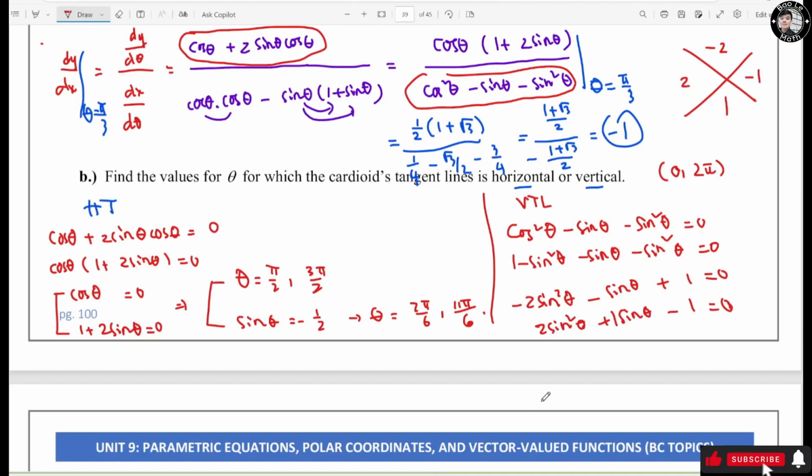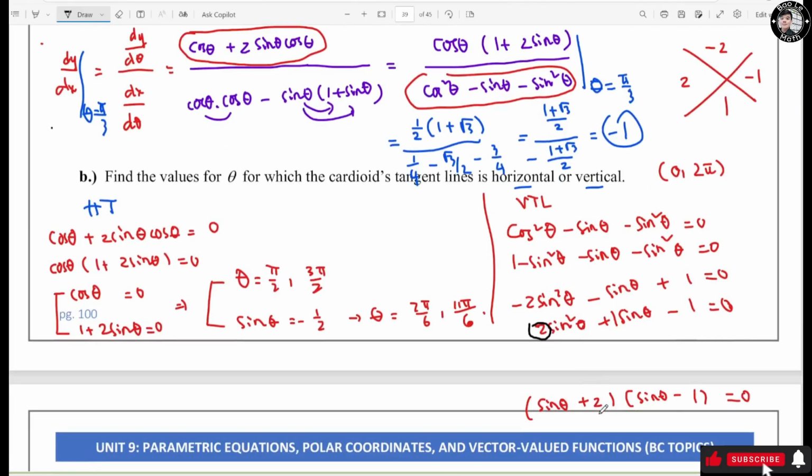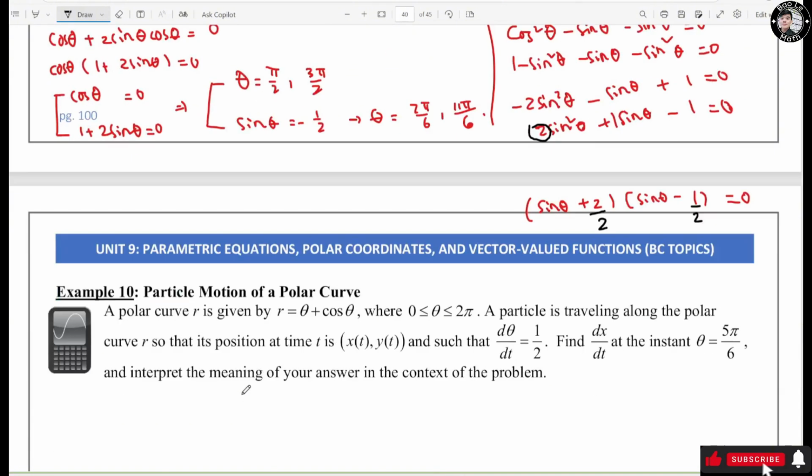So you have sine theta plus 2 times sine theta minus 1 equals 0. Now you need to be careful with this method. Since the coefficient right here is 2, you need to divide the constants by 2.